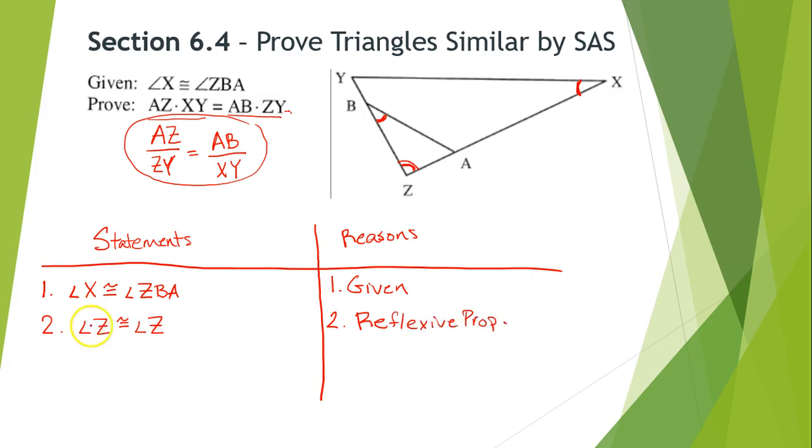Now, let's see. We know from each triangle that two angles are congruent to each other. So we have similar triangles here. Let's make that statement.